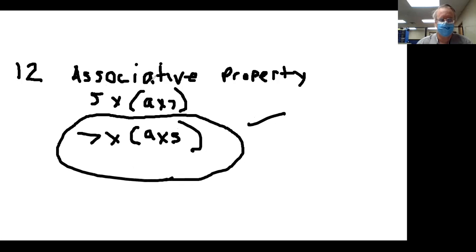You can move A out and put 5 in there, solve that: 35A. But this is what he's looking for, 7x, right here.